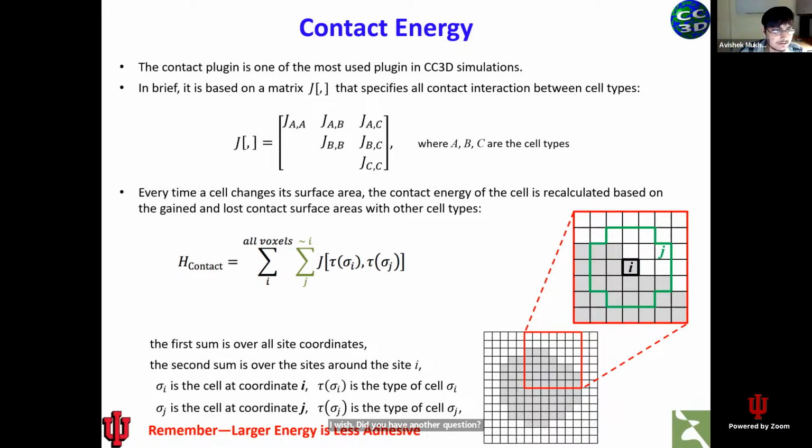So, I see that the matrix J is upper triangular. That means that it is symmetric, right? Is it true that the interaction energy between A and B is the same as between B and A?